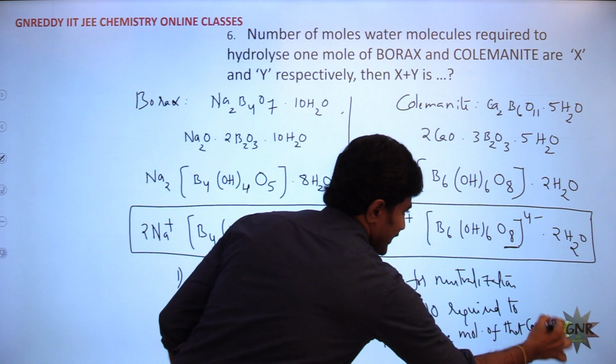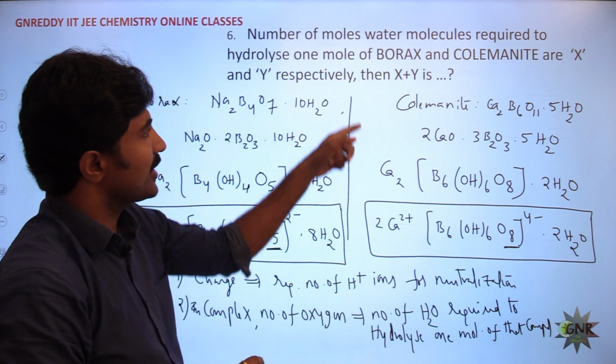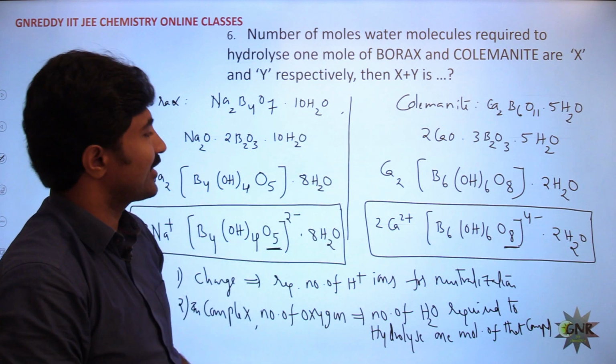Like this you can understand. So here our question is the number of moles of water molecules required to hydrolyze 1 mole of borax and colemanite are X and Y respectively.